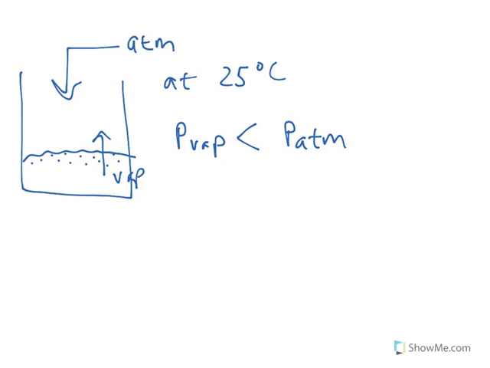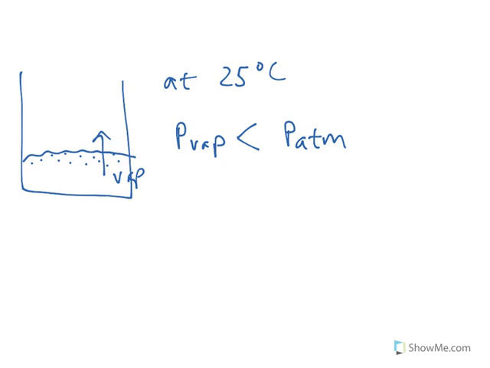What happens if we start reducing the atmospheric pressure? That's a pretty cool idea, and that's exactly what you would do with a vacuum. So if we started removing the atmospheric pressure, and let's say we removed it to zero, which is impossible, but if we could, what would you expect the water to start doing at 25 degrees C?